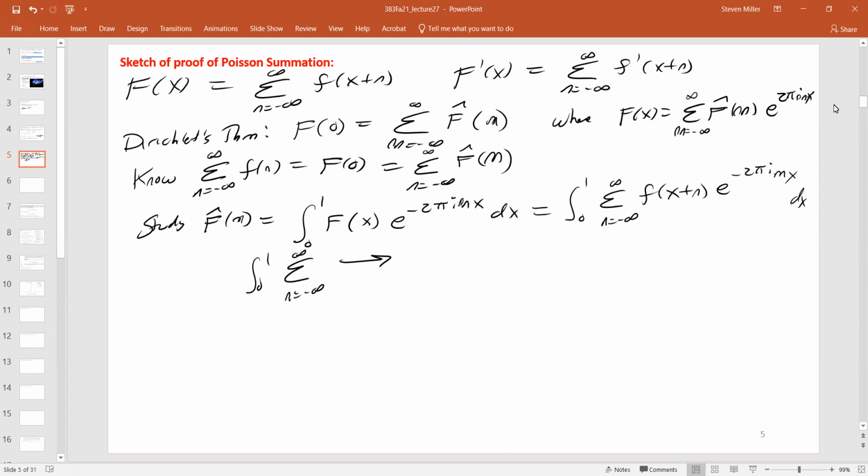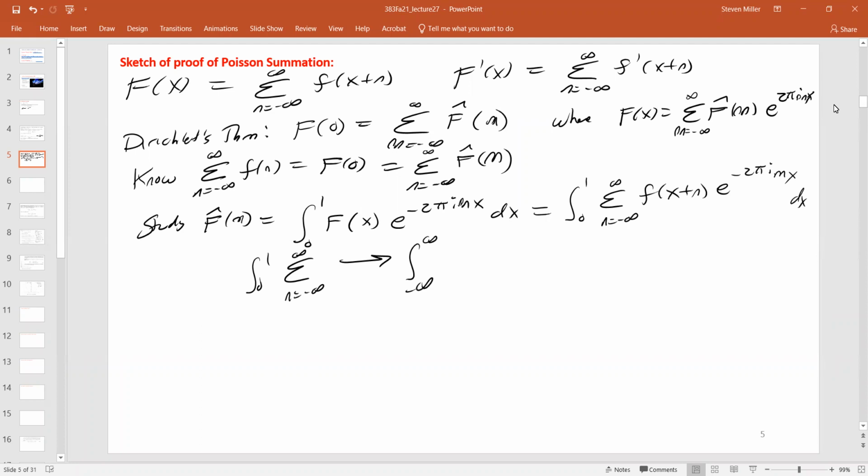Yeah, it's just the integral from negative infinity to infinity. Because you fix a value of n, so n equals 15. I go x plus 15 from 0 to 1, so I go from 15 to 16. And so I'm just going through the entire real line in steps of size 1.